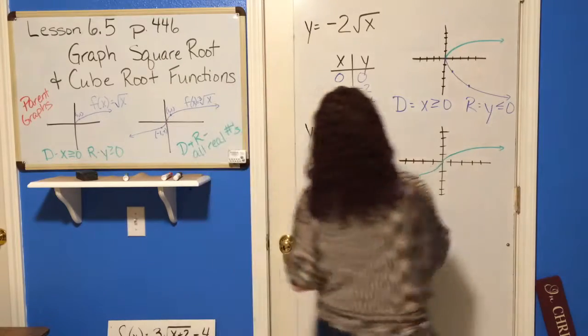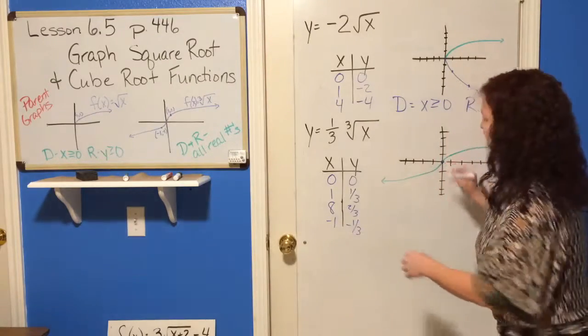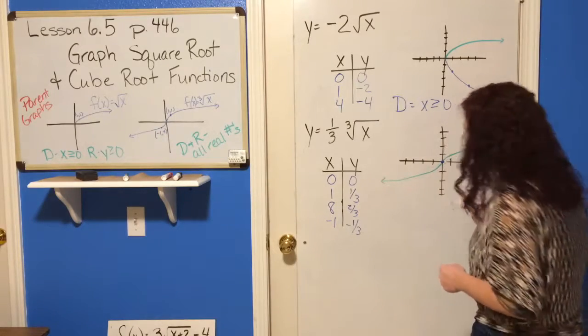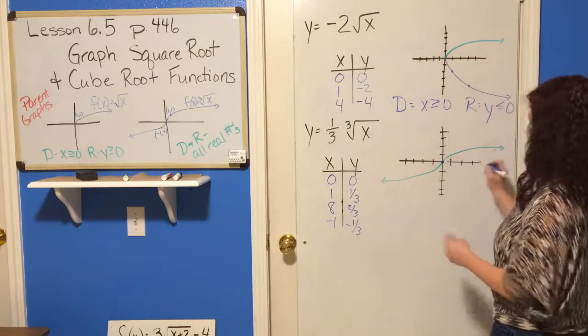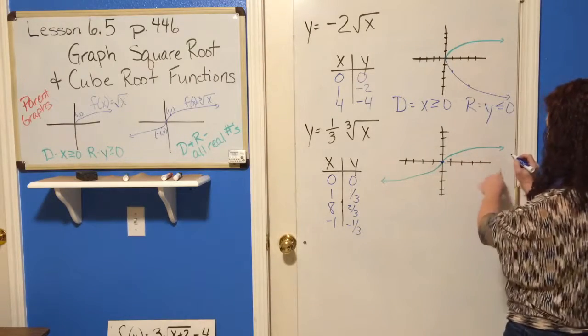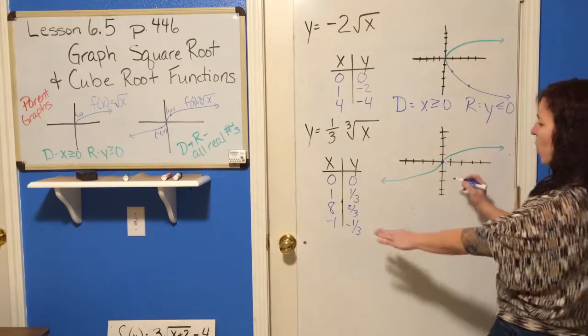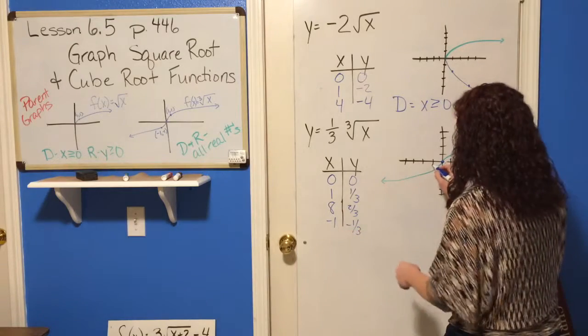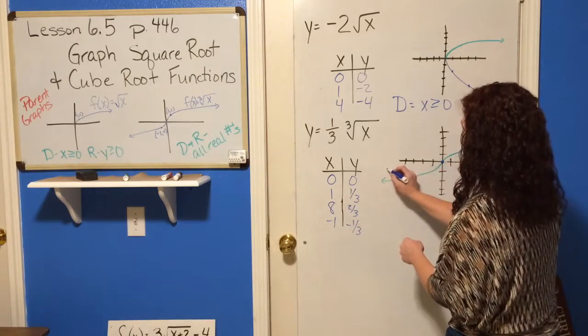So now we can plot these. 0, 0 is right here. 1, 1/3 is right there. And 8, 2/3. So it goes way over and it only goes up 2/3. And then what we can do is we know that it's going to be the same this direction, -1, -1/3, and the same thing with that 2/3.